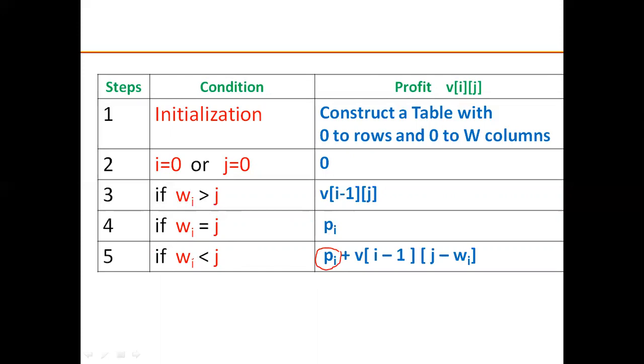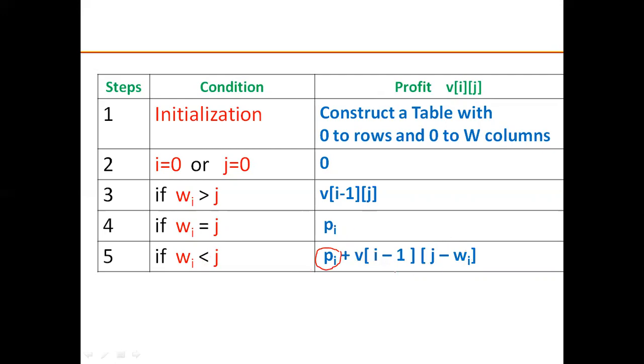But as weight is less than capacity, the bag still has some space to occupy another object. Then how to utilize that remaining capacity of the knapsack? For that, we can go to the previous row, Vi minus 1, and check how much capacity is left: j minus the earlier capacity minus the current weight which we have added. Then we'll get some capacity left here.